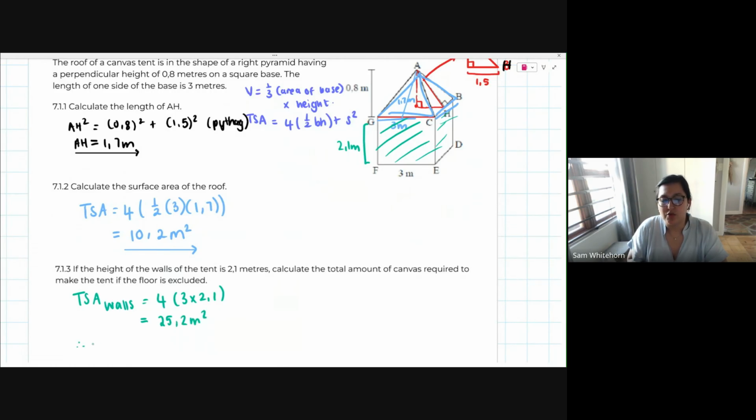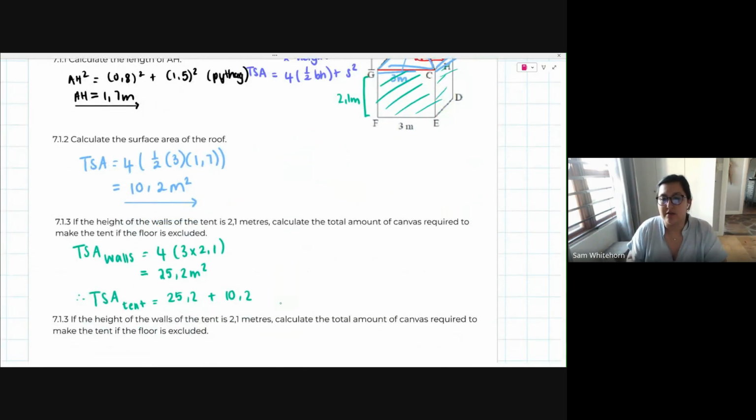And so the total surface area of the tent, including the roof, is the 25,2 plus the 10,2 meters squared. So the total surface area is 35,4 meters squared.